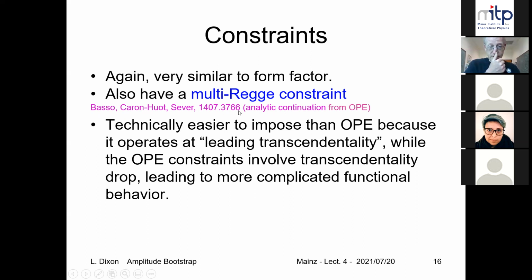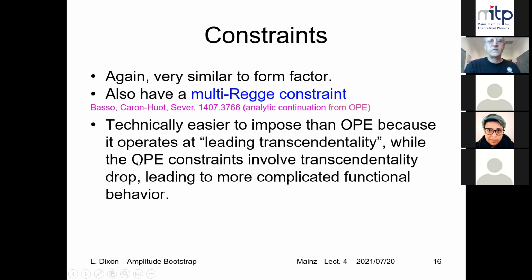And this multi-Regge constraint is technically easier to impose than the OPE from a bootstrapping perspective, because it governs functions that are at leading transcendentality, while the OPE constraints involve functions that have transcendentality drop and lead to more complicated functional behavior. We saw in the form factor case that the near collinear limit involved rational functions multiplying the harmonic polylogs.